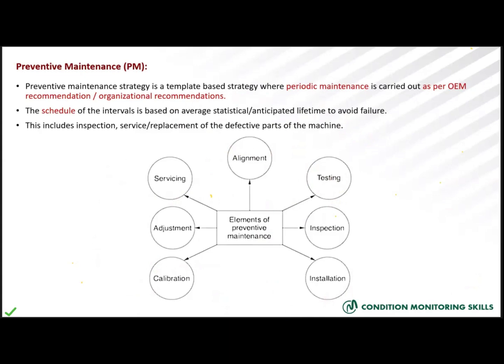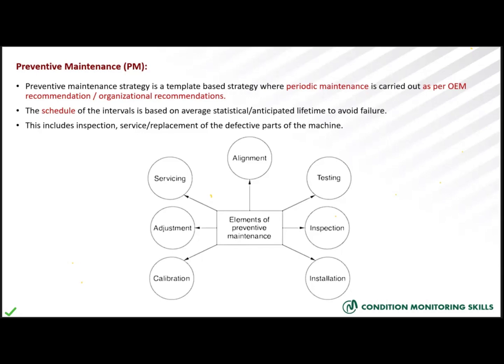The advantage here is that you can do better planning and better control of the budget than with the corrective maintenance approach, reducing collateral damage or catastrophic failures. But the disadvantage is replacing good condition parts. Maybe some parts could still work for 6 months, for 1 year, for 2 years, and you are replacing them now, which introduces extra costs.